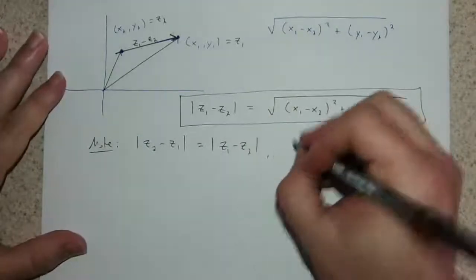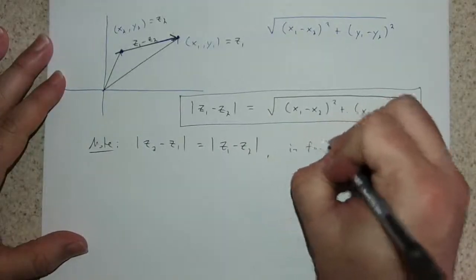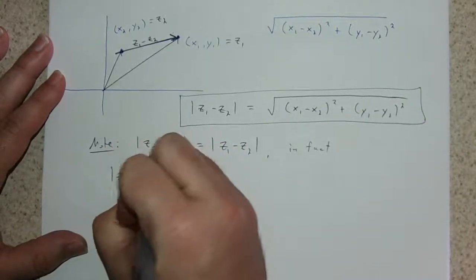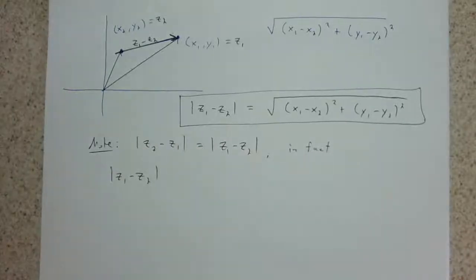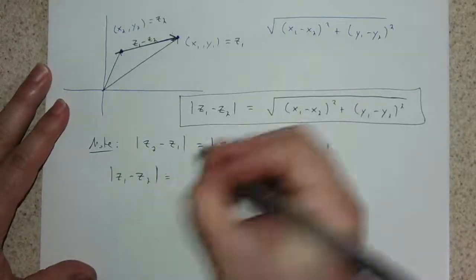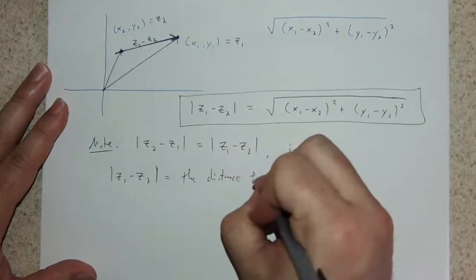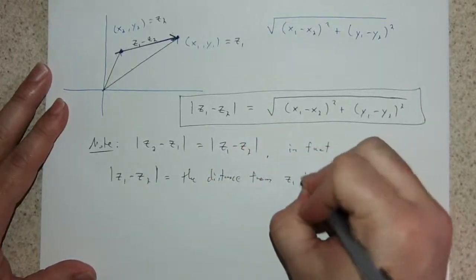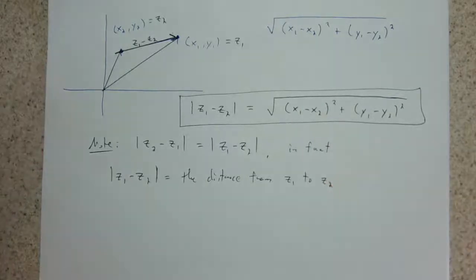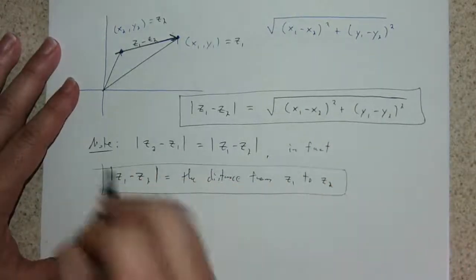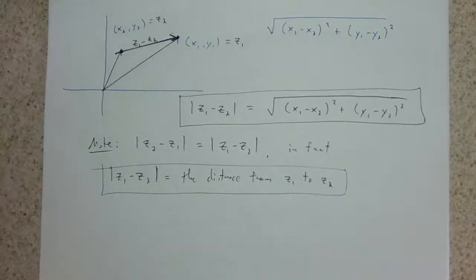And in fact, what we have just said here is that the modulus of z sub 1 minus z sub 2 is the distance from, say, z sub 1 to z sub 2. Of course, if you believe that it is a distance in a proper sense, it shouldn't matter whether we're talking about distance from z sub 1 to z sub 2 or z sub 2 to z sub 1, right?